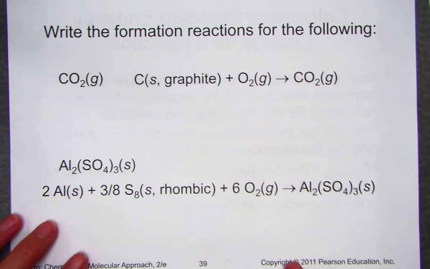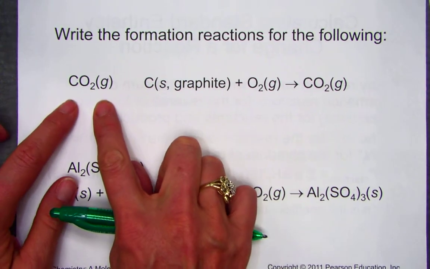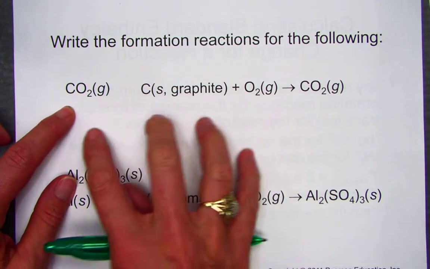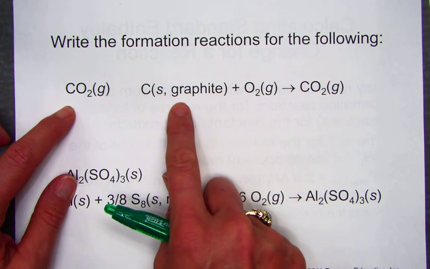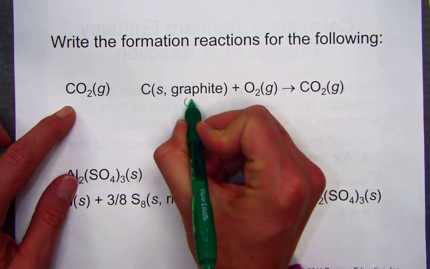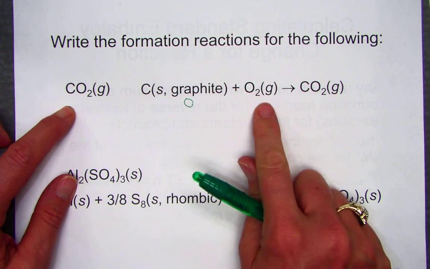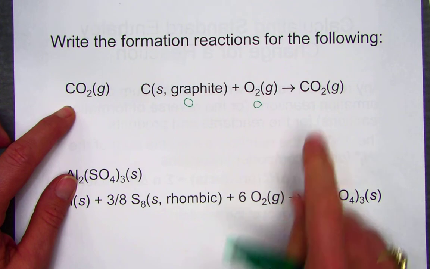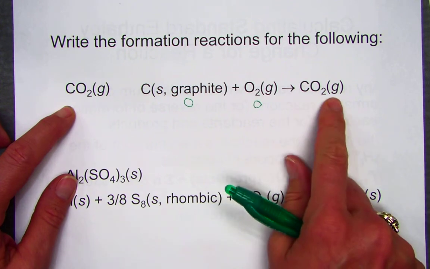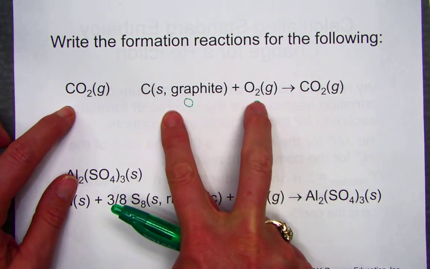So what might be some heats of formation reactions for the following? Here's an example. If we wanted to create a formula showing the formation of carbon dioxide gas. Carbon is in the form of graphite, heat of formation of 0. Oxygen is in molecular form as a gas, heat of formation of 0. Carbon dioxide as a gas is formed from its constituent elements.